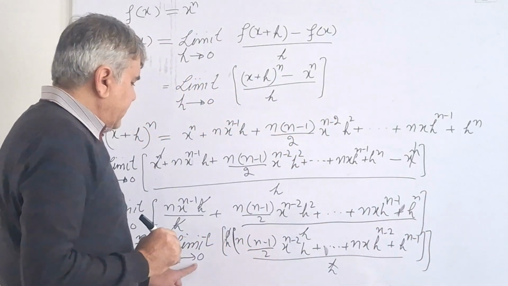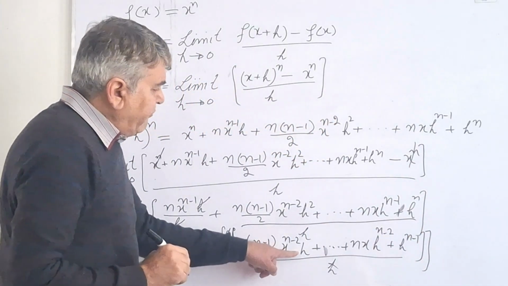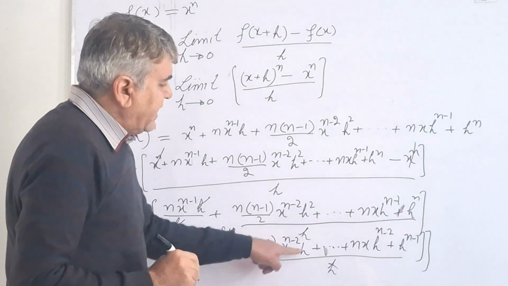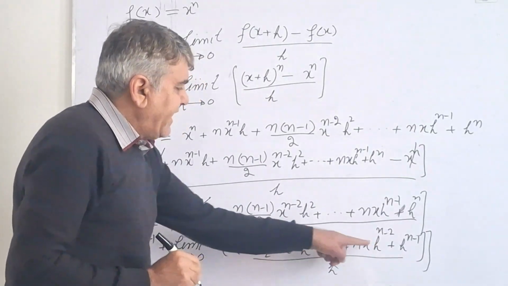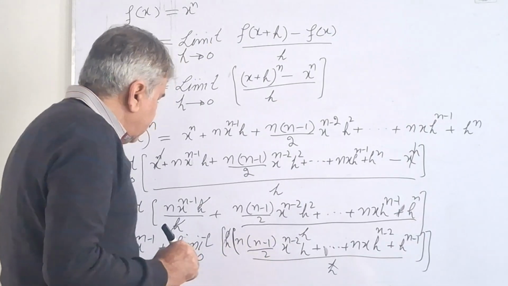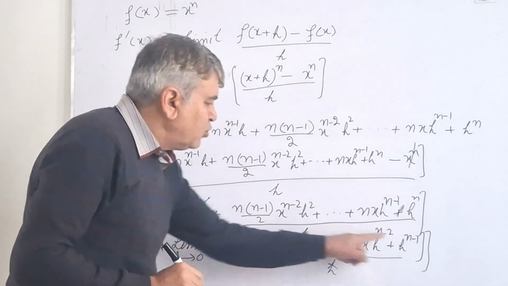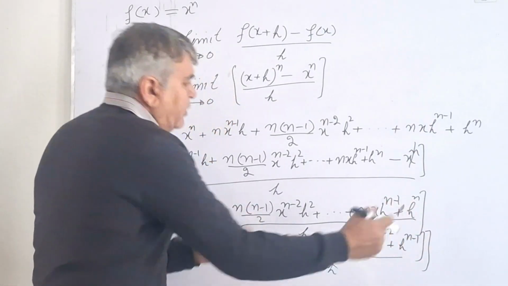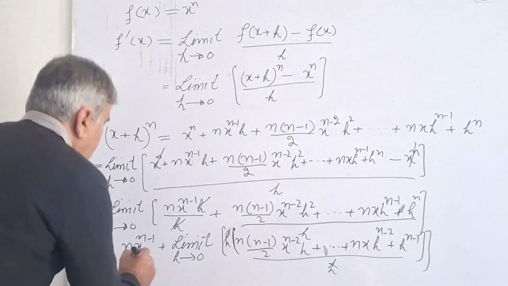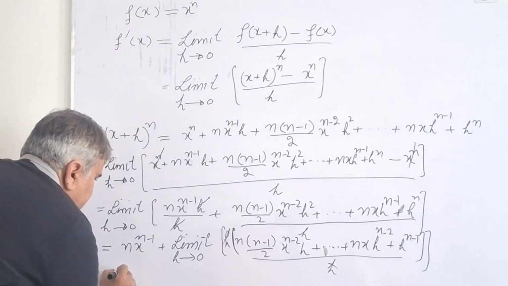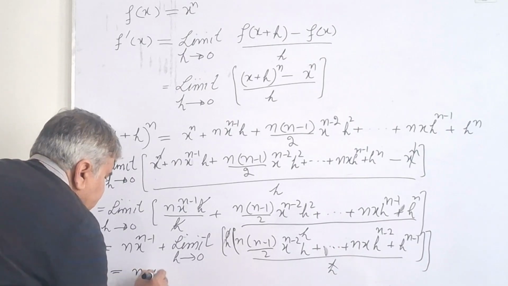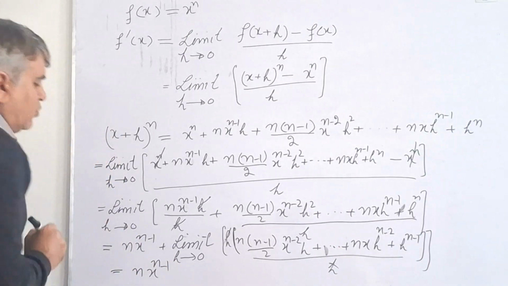If I apply the limit h tends to 0, every term inside this sum carries h. So every term, because of putting h tends to 0, would go to 0, and that means this whole term equals 0. With that, I'm left with n x power n minus 1.